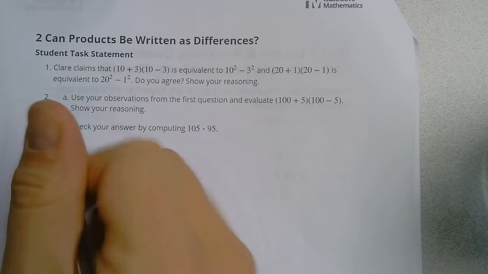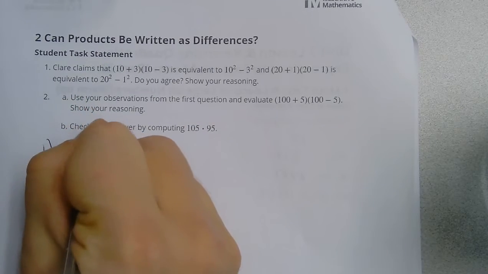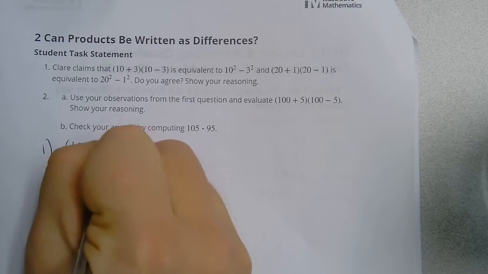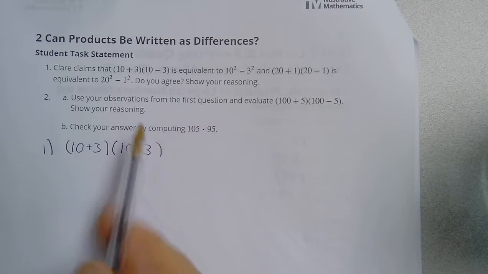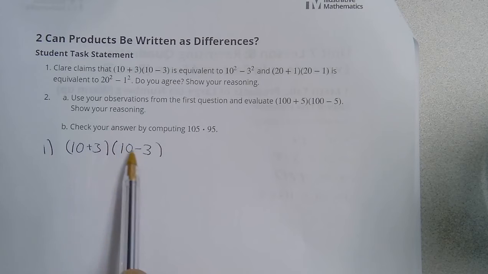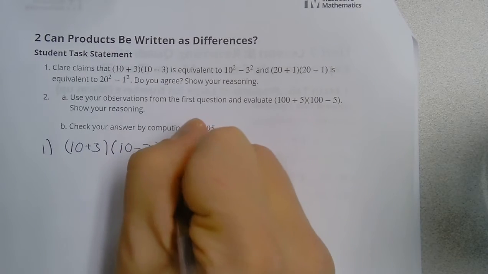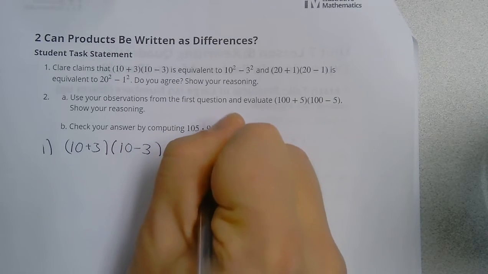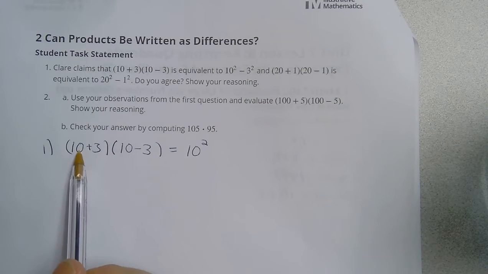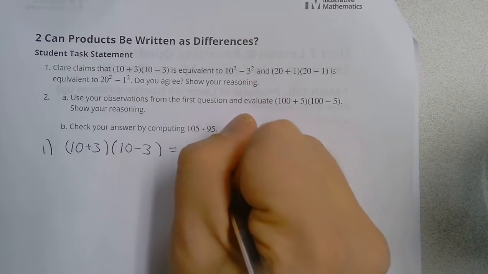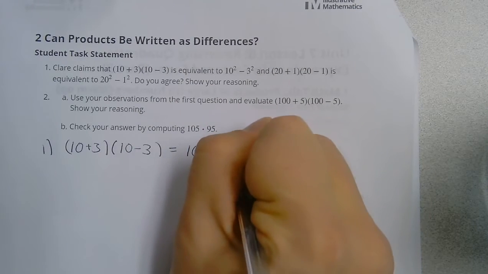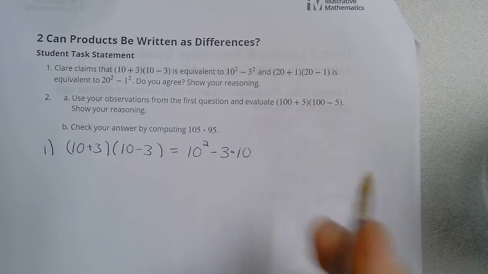So for number 1, I'm going to write 10 plus 3 times 10 minus 3, and I'm going to expand that. So 10 times 10 is going to give me 10 squared. And then 10 times negative 3, I'm just going to put minus 3 times 10.